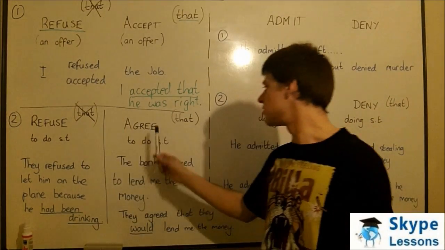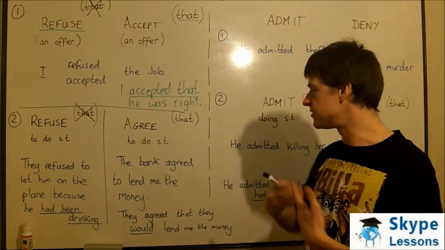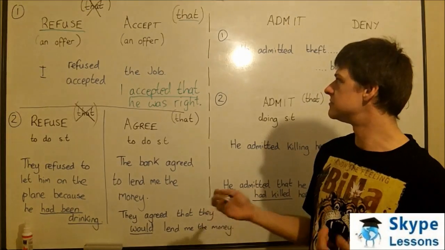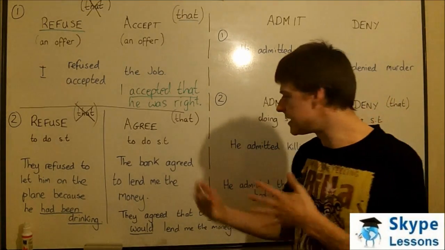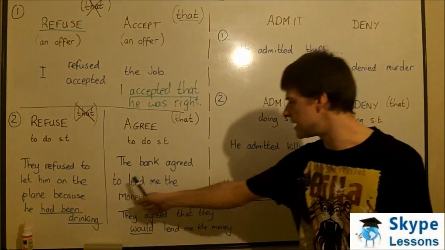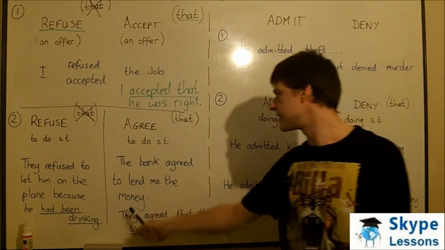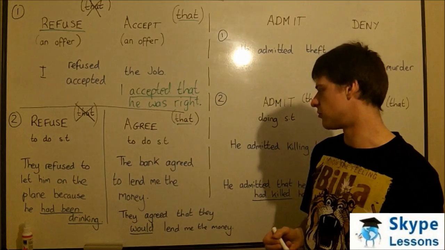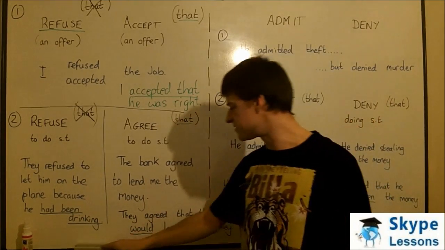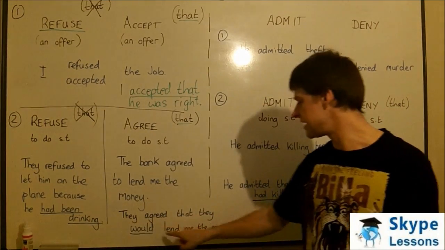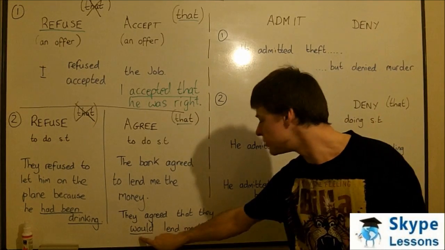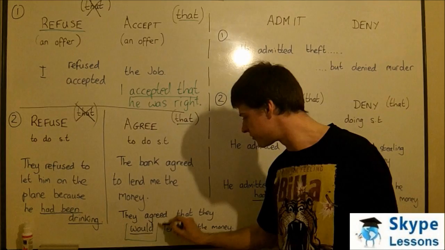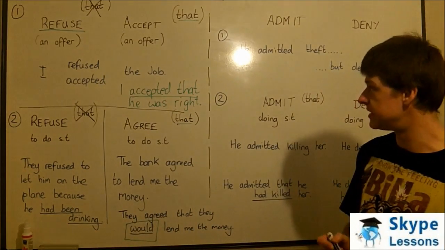Okay, the opposite would be agree. For example, perhaps you go to a bank, you want to borrow some money, and they agree to lend you some money. So the bank agreed to lend me the money. Now, agree can be used in a that clause. So let's use this sentence, but with that. They agreed that they would lend me the money. Now this would is important because it's also very common in reported speech.